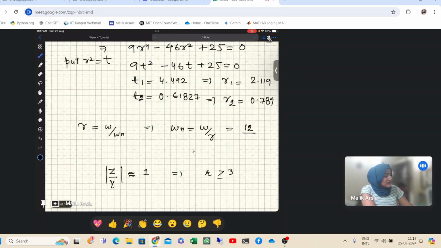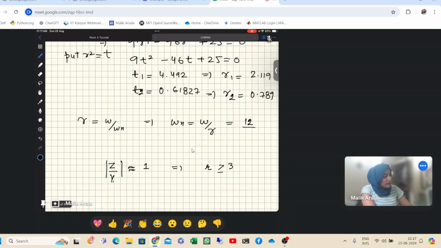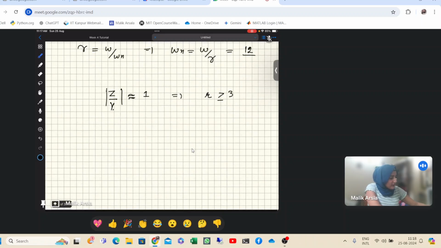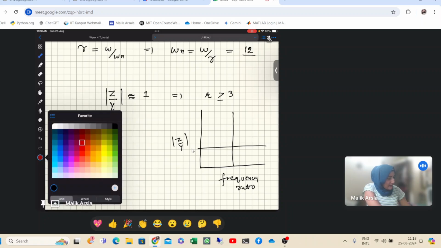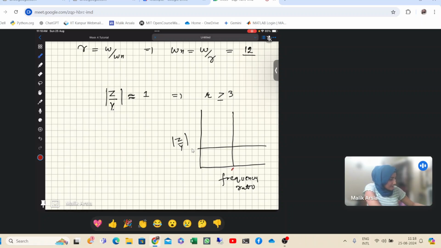So in this case, none of the values is coming out to be greater than 3. But if you remember the frequency graphs, say this is frequency ratio and this is Z upon Y, and here this is 1, then this is 2 and this is 0.